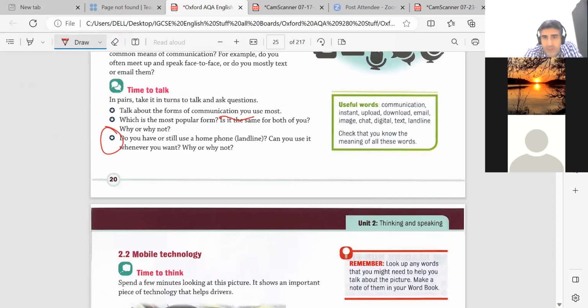Guys, now check the useful words here in the box. Any difficult words? Are they clear for you? There is no new word, maybe landline. Give me another phrase, Akram, that means landline.